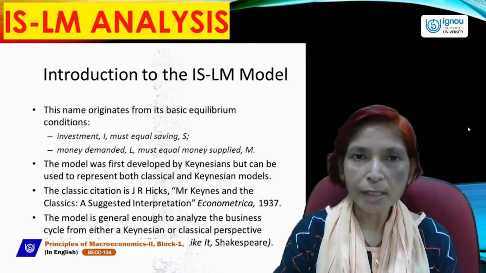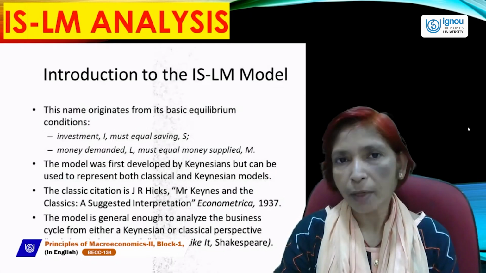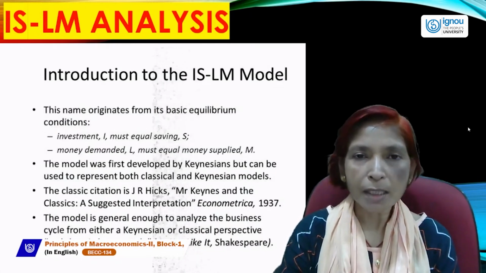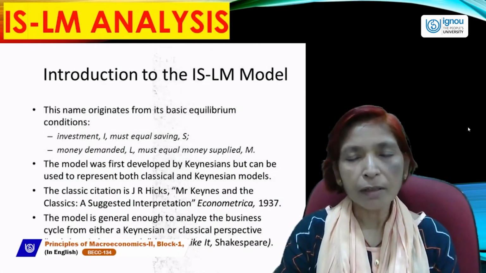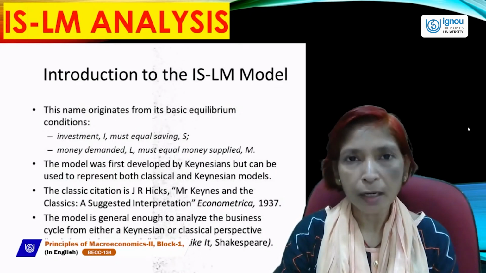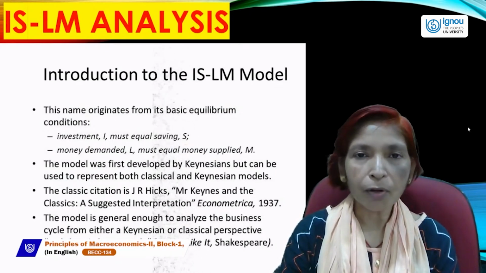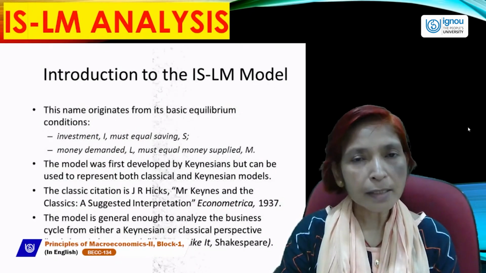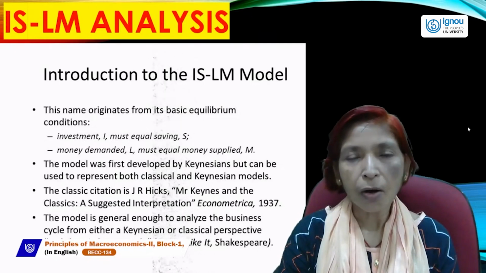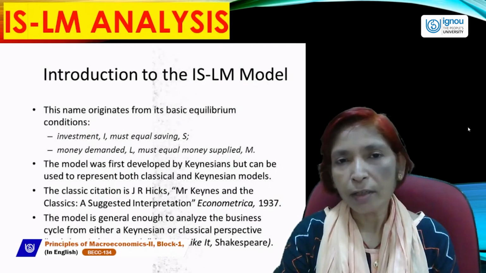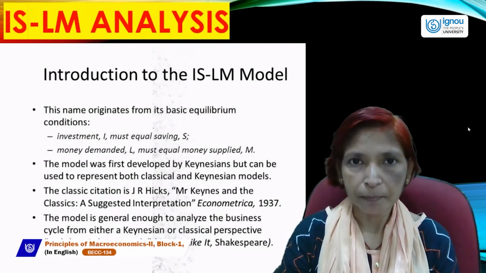This model was first introduced by classical economics. According to classical economics, where demand for loanable funds and supply of loanable funds intersect, the equilibrium rate of interest is determined.